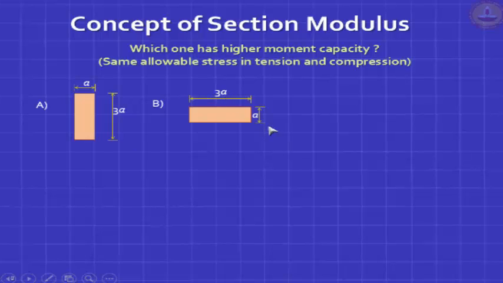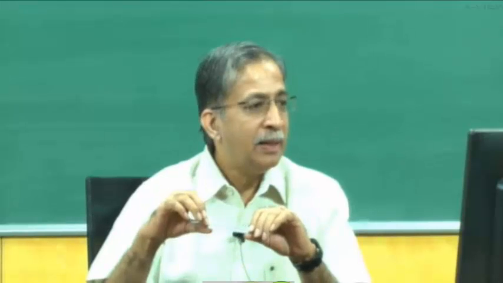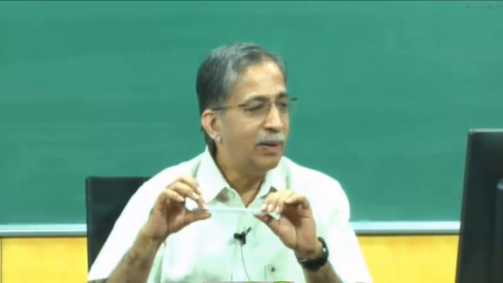You will find that the deflections, the curvatures will be much less here compared to this. This will bend more easily. So the question I'm asking you is, let's say both are made of some material, and the material has a certain capacity given by sigma allowable.